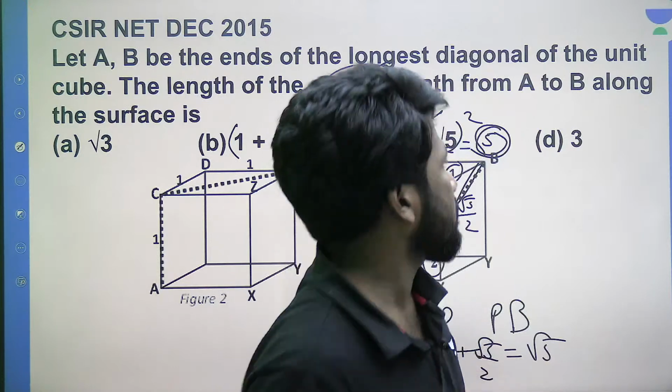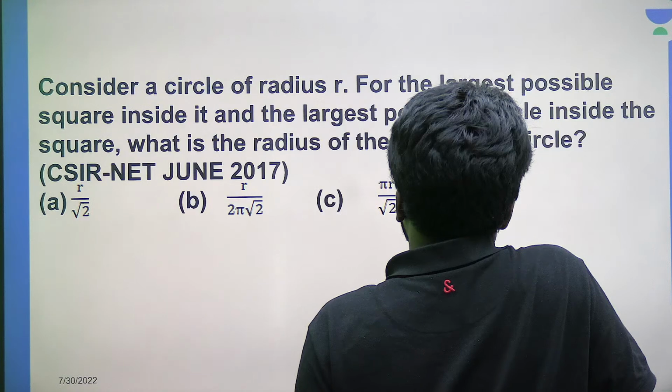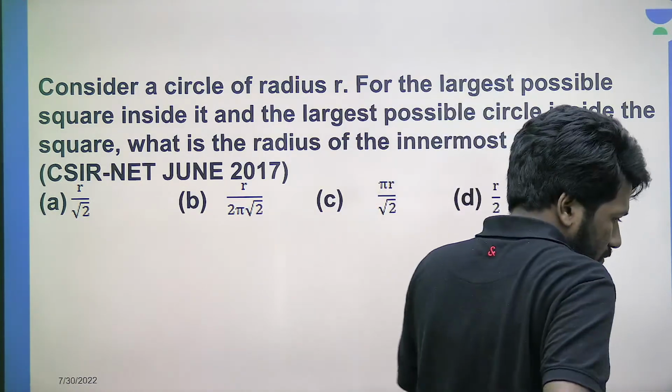Now we will go to a few more questions on geometry. Try this question, all of you. This is a June 2017 problem.